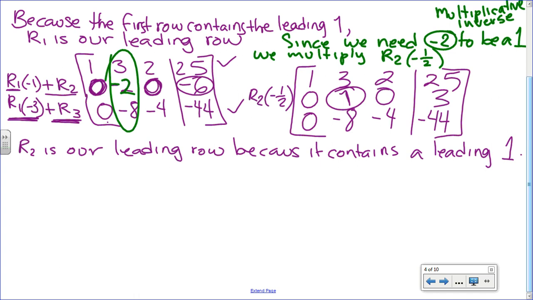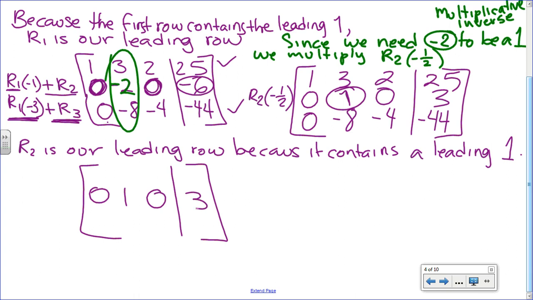So let's just copy R2 because nothing will change to it. So 0, 1, 0, and 3. So now let's look at this negative 8. What are we supposed to make this negative 8? 0. A 0. So we're going to use R2.